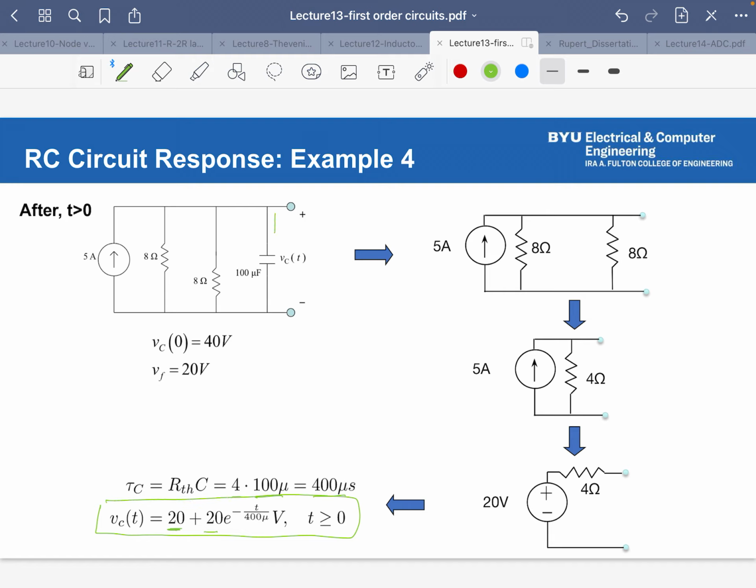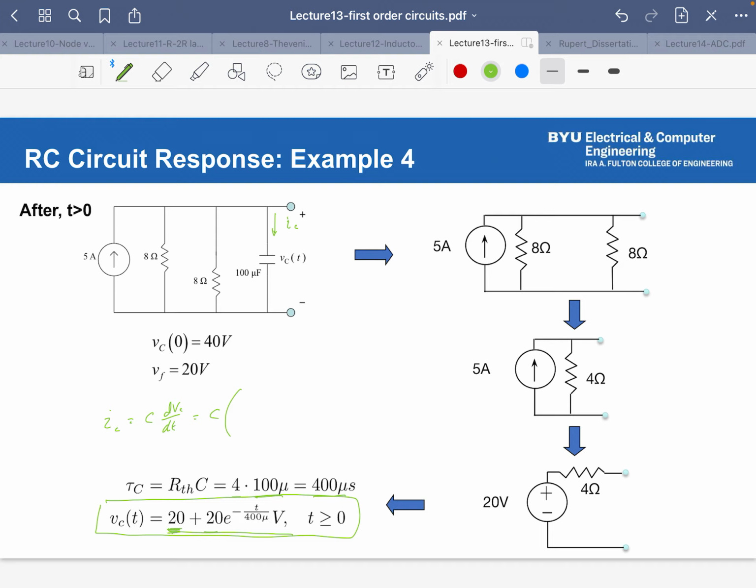Now, if I wanted to find the current here, by the way, IC, what would I do? So IC is going to be C dVc/dt. So I would multiply the capacitor times the derivative.